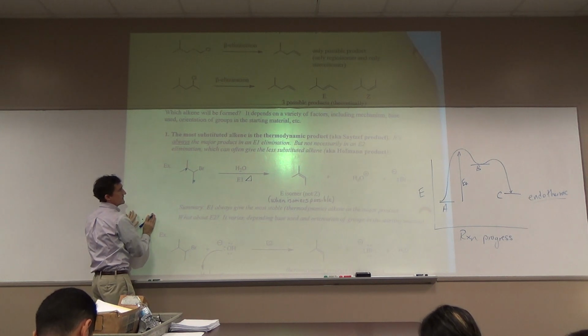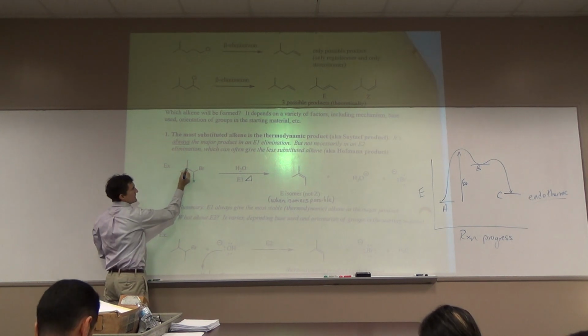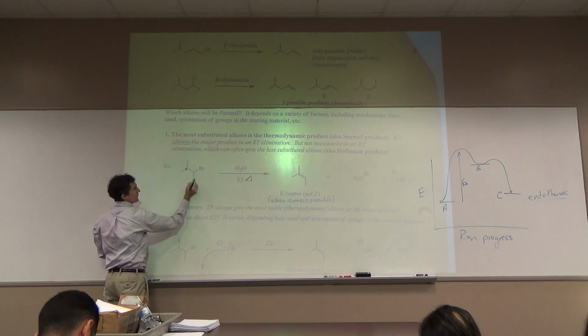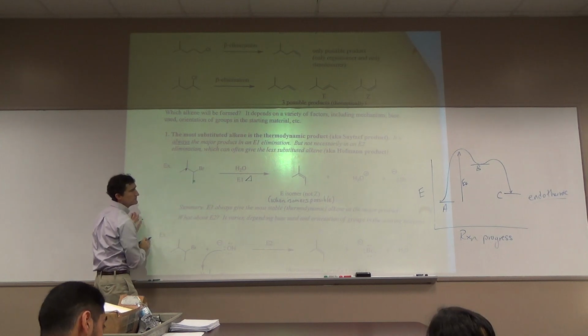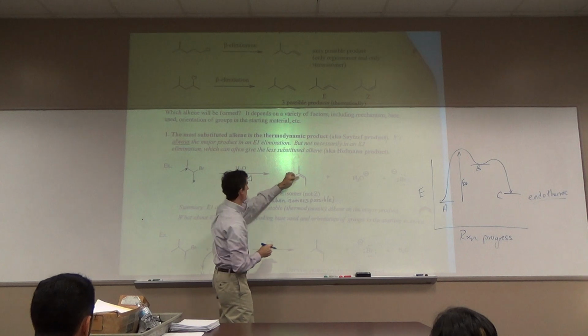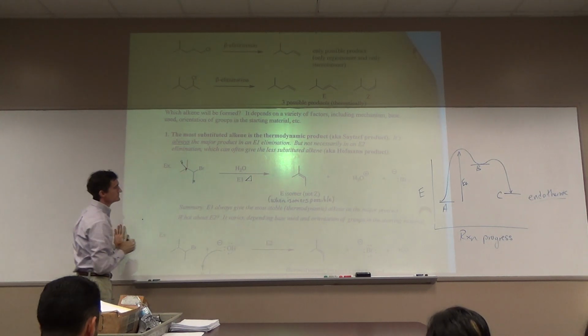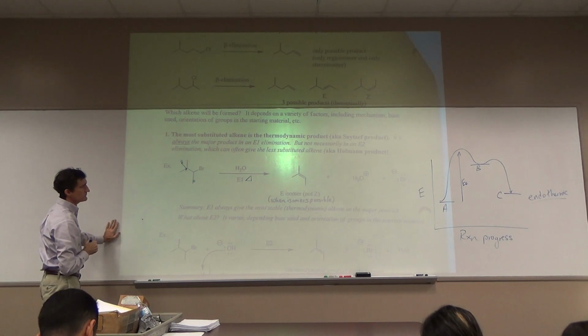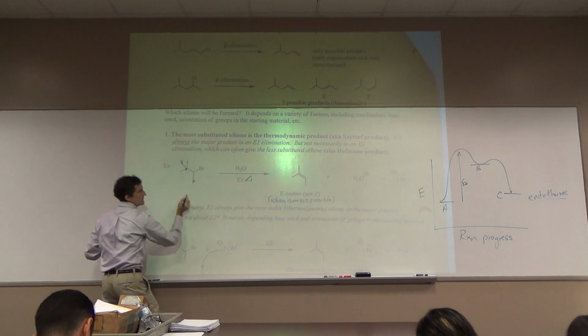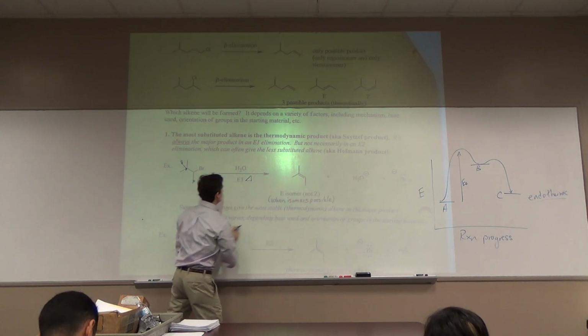But are we going to put the double bond here by removing that H, or we're going to put the double bond here? We're going to remove that H in the middle, because we make the tri-substituted alkene.